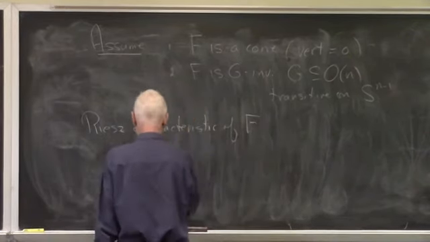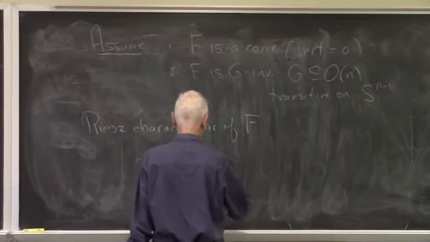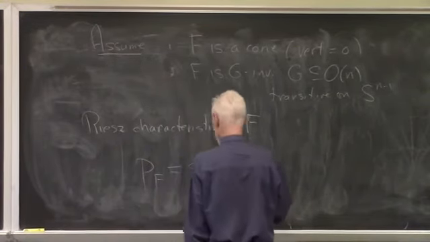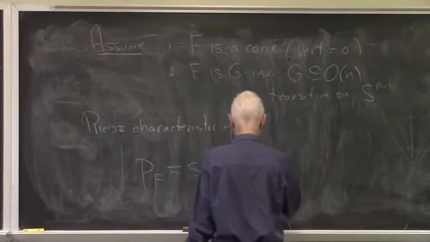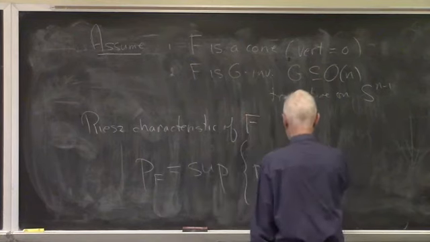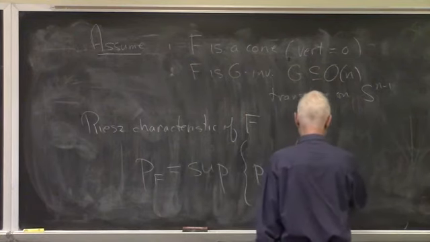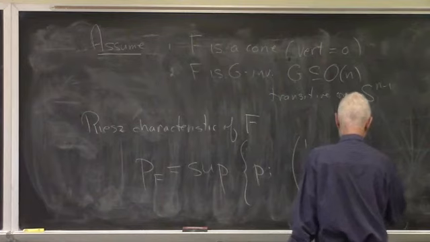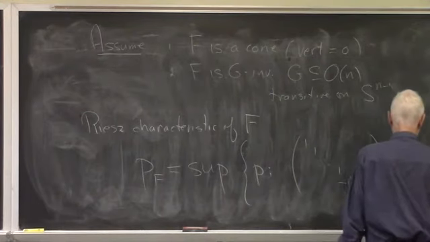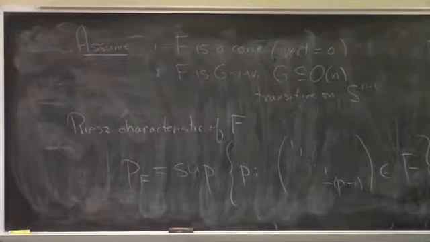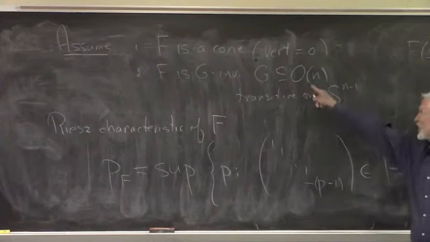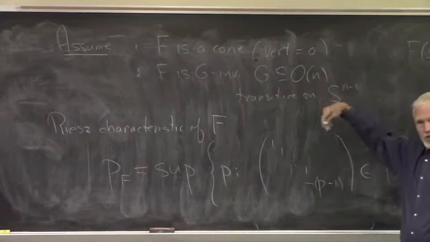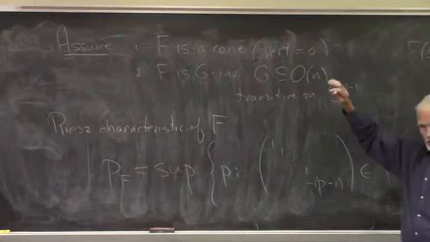All right. Then the Riesz characteristic of F is just equal to the sup of numbers p such that (1, 1, ..., 1, minus (p minus 1)) is in F. So here I've chosen some coordinates, but if it's true for one choice of coordinates, because it's invariant under a group that acts orthogonally and transitively on the sphere, it's true for all.